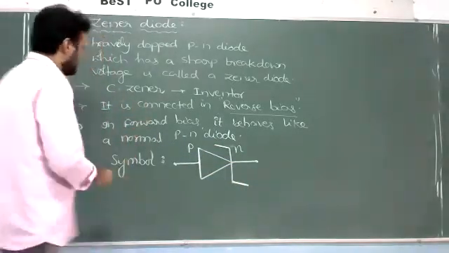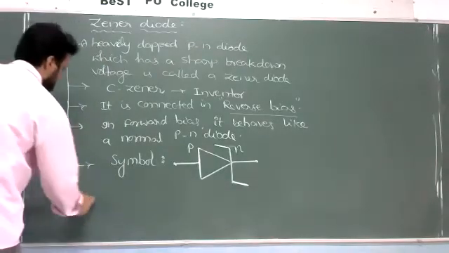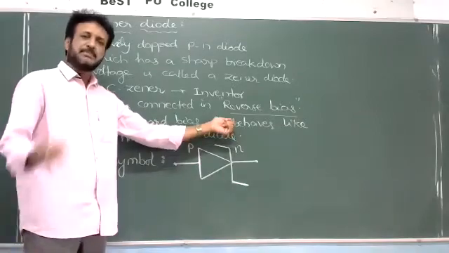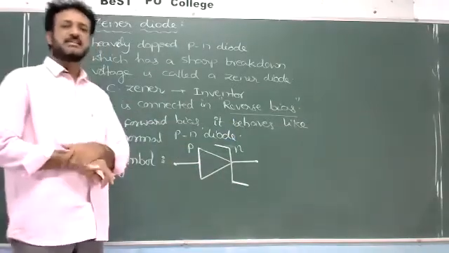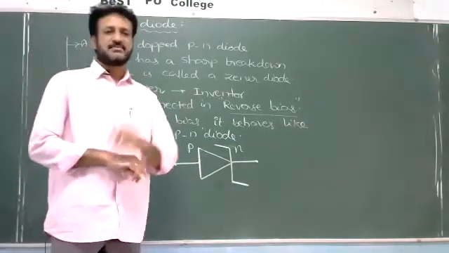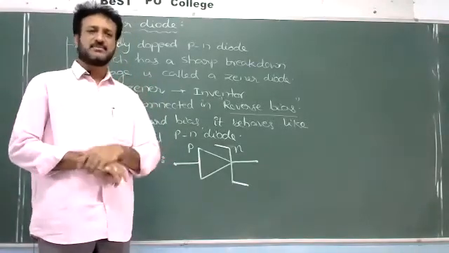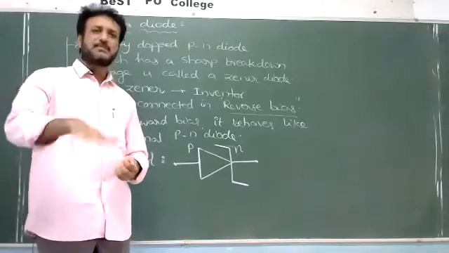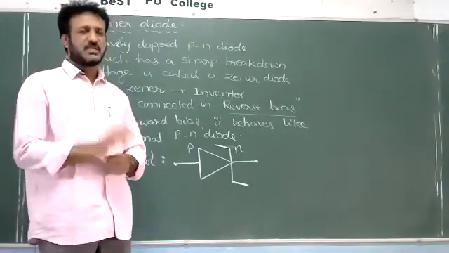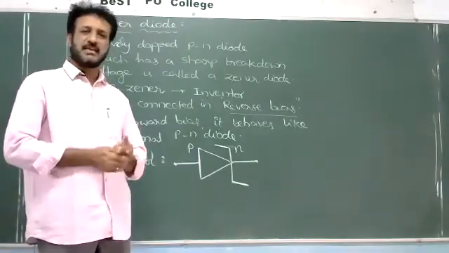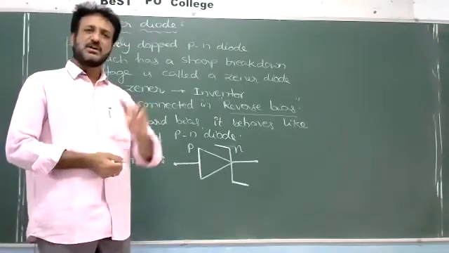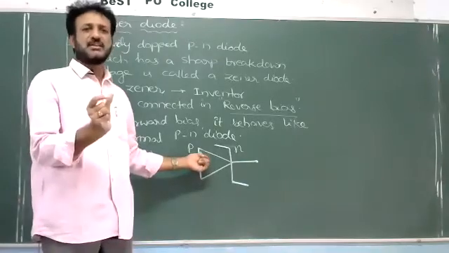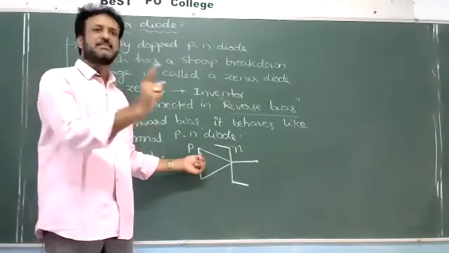But what is the advantage of the Zener diode? When a Zener diode is connected in reverse bias in the breakdown region, it behaves as a voltage stabilizer, voltage regulator or voltage controller. In houses, whenever the lines fluctuate with ups and downs, that fluctuating voltage can be regulated or controlled by the Zener diode connected in reverse bias in the breakdown region.